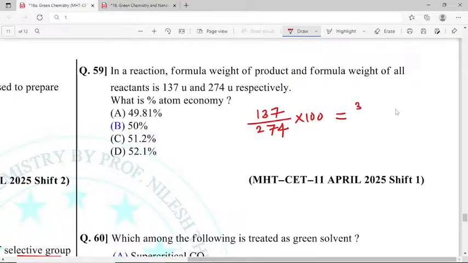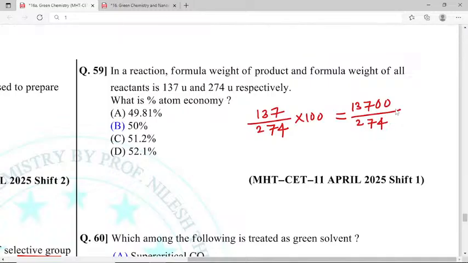So 137 divided by 274 is 1 by 2, which is 50%.